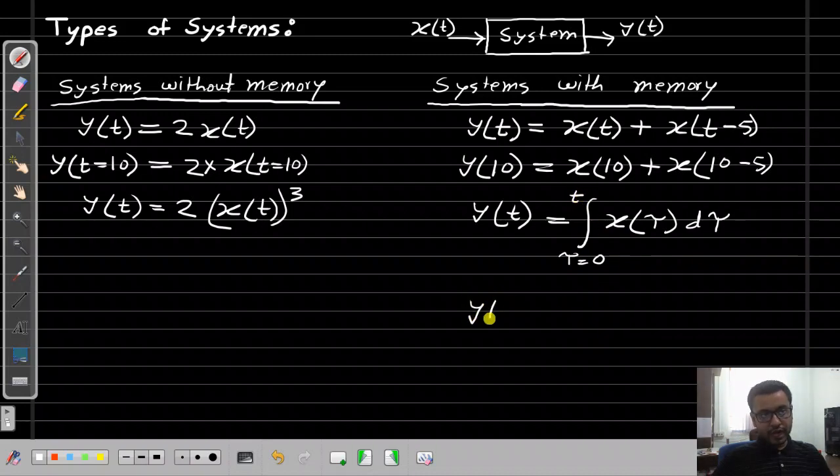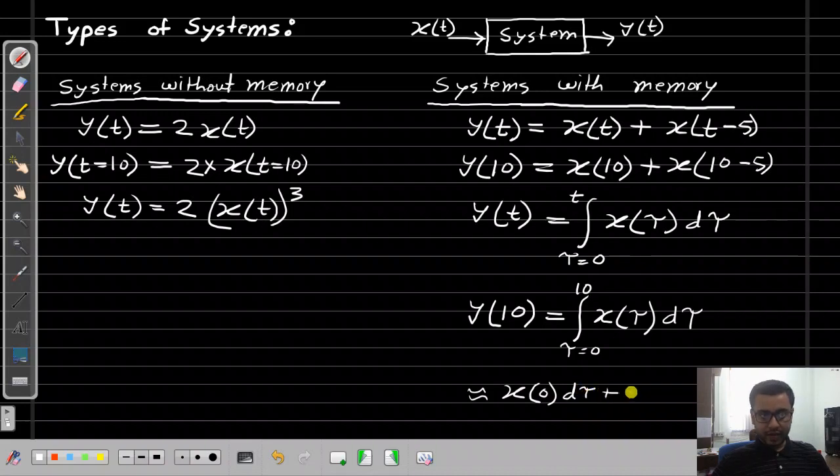Then to calculate the value of the output at 10 seconds, I need to calculate it in this way: x(tau) d tau from tau equal to 0 to 10, which is like a sum of x at 0 times d tau, plus x at d tau, plus and so on, then x of 5 into d tau, plus up to x of 9 minus d tau.